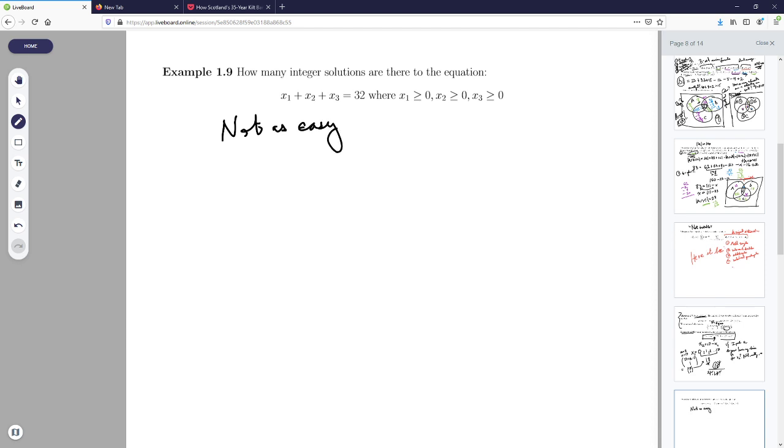And so, basically, the reason why this is called stars and bars is because what you do is you draw out, in this case, 34 slots. And then what you would do is you would pick 2 of those slots. Let's just pretend that. So we pick this one and put a bar in it. We put this one and put a bar in it. And then the rest of them have stars.